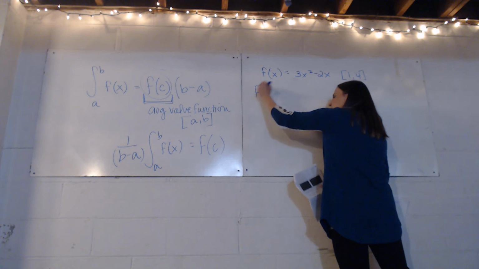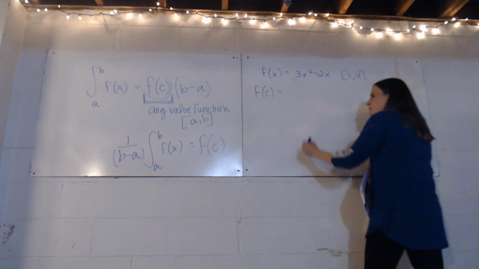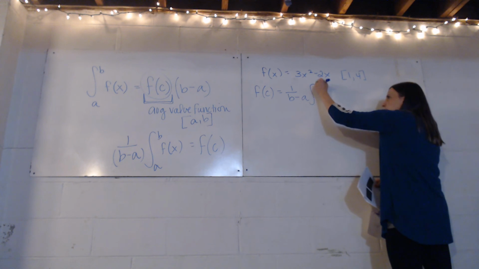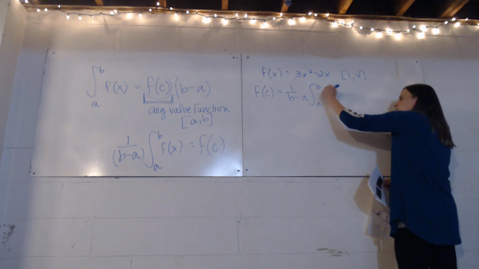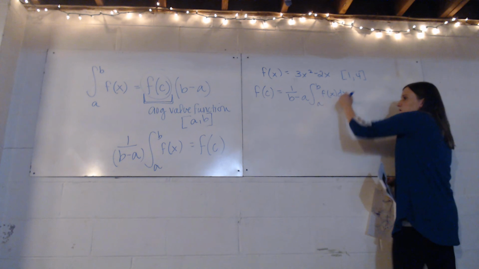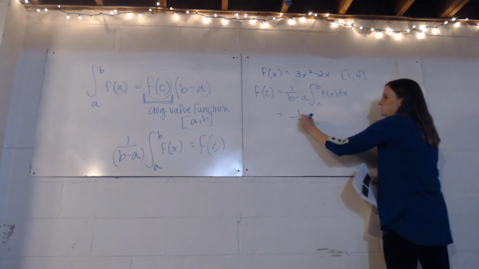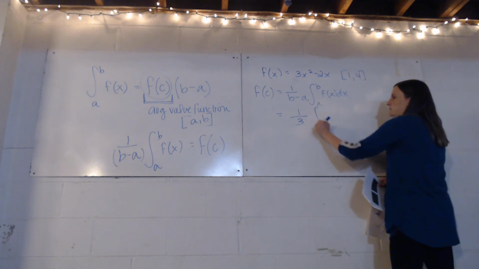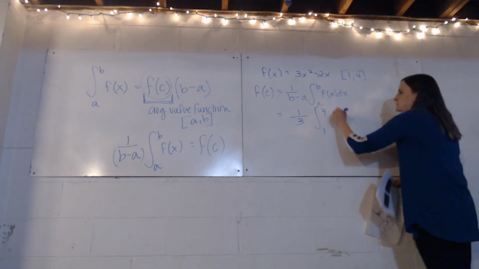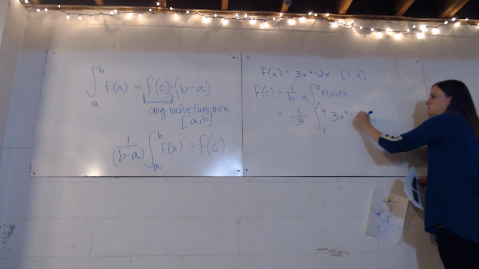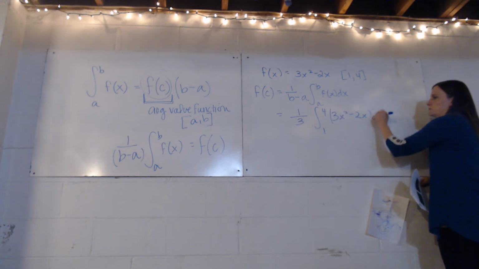So the average for this function is equal to 1 over b minus a times that definite integral. For this particular function, it's 1 over 4 minus 1, which is 3, times the definite integral from 1 to 4 of 3x squared minus 2x with respect to x.